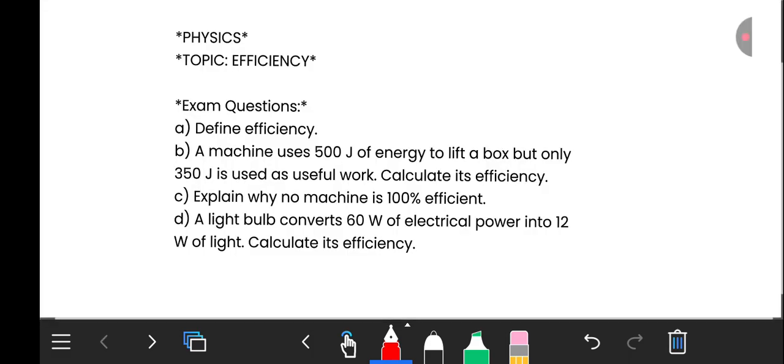What's the next question? A machine uses 500 joules of energy to lift a box, but only 350 is used as useful work. Calculate its efficiency.